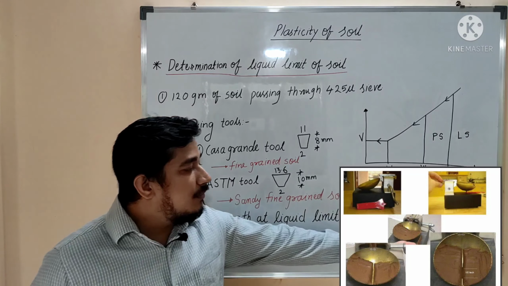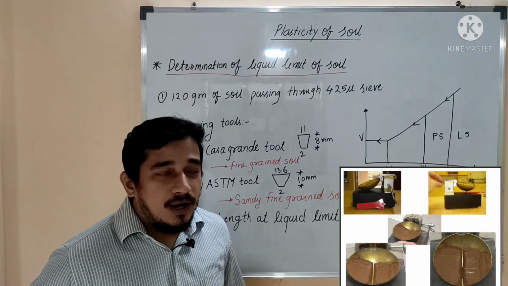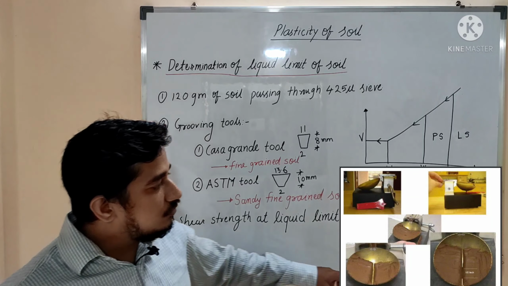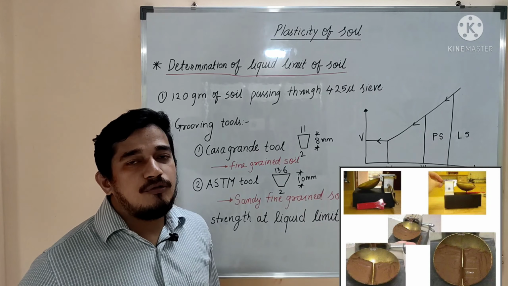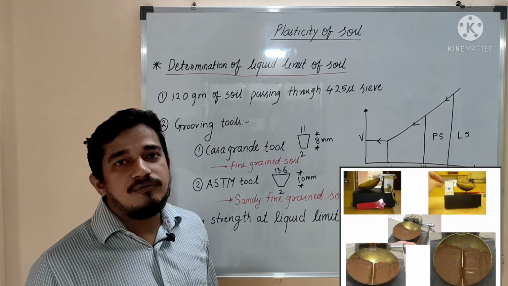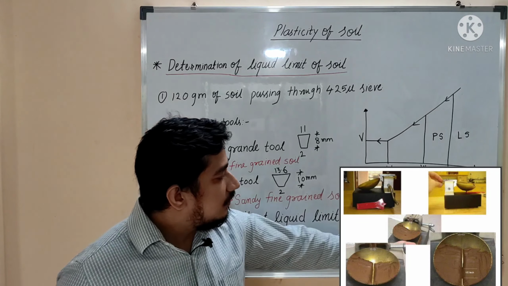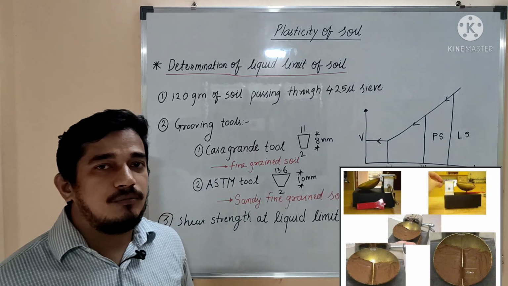Then again we will mix this soil sample, and again we will level it. Again with the same grooving tool, we will make a groove. Again we will give the rotations so that the brass cup will lift and drop. When it closes by 12 mm along its length, we will stop and record the number of blows.